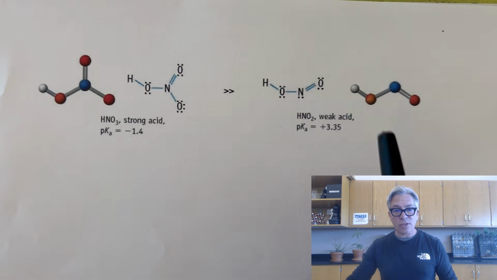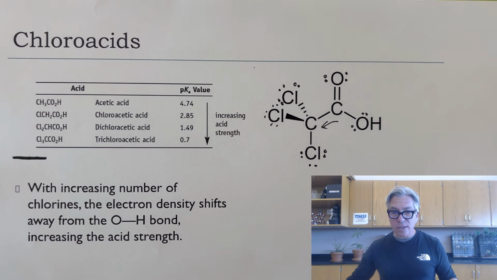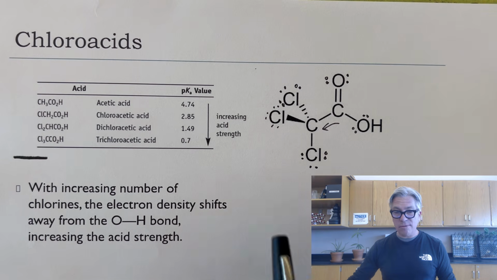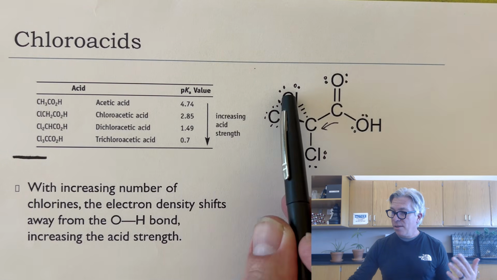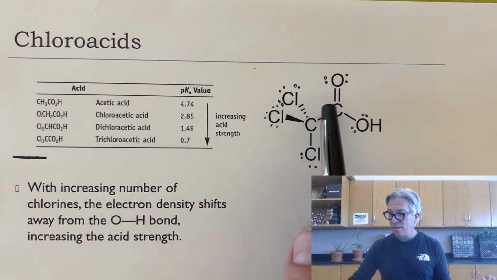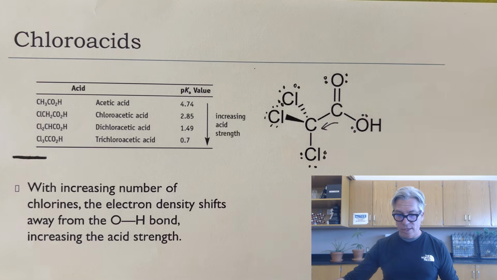It's only got 2 oxygens, so not quite as strong of an acid. And you can even have some that are not included in our list of strong acids, but are fairly strong. This one happens to have 3 chlorines on one end plus a couple of oxygens, so the electrons are going this way. The hydrogen pops off quite easily.